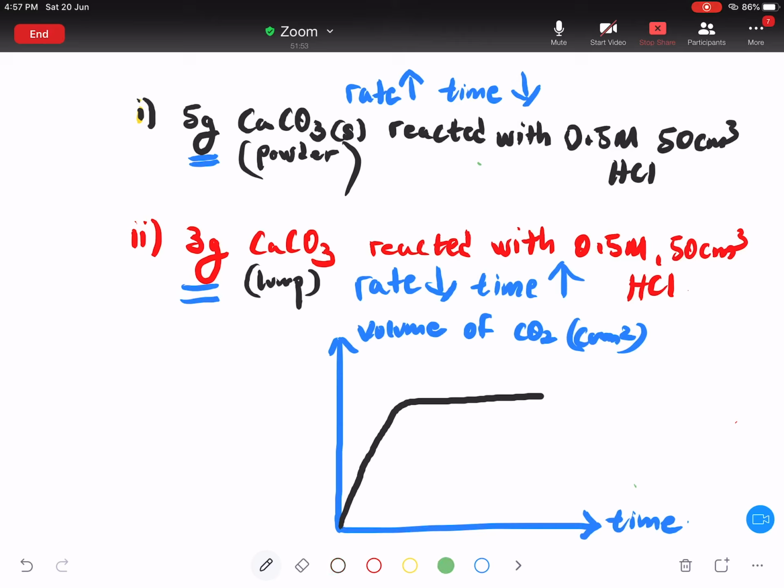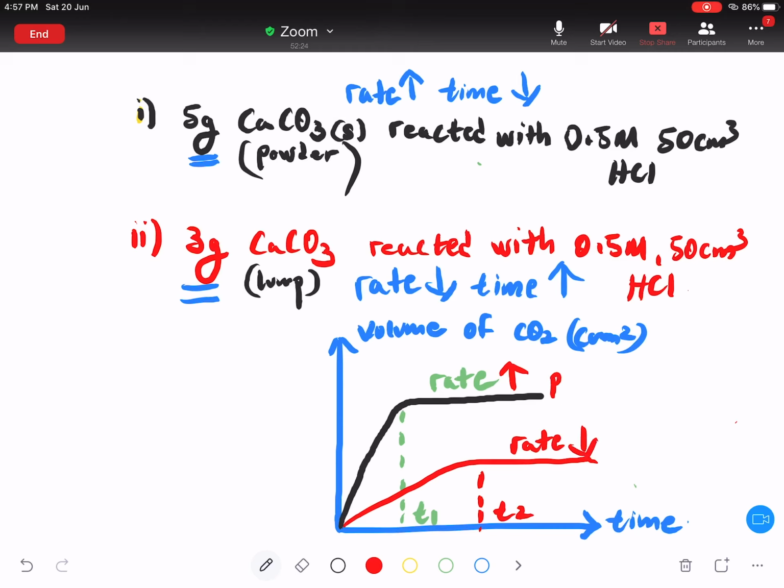Okay, dengar sini. You ada go up like this. Ni apa? Ini adalah T1. Ya, T1 rate dia tinggi. Then the lump is low kan. It's gonna be like this. Maybe saya guna warna lain. It's gonna be like this. This will be your T2. High rate. This one is low rate powder. And this will be your lump.